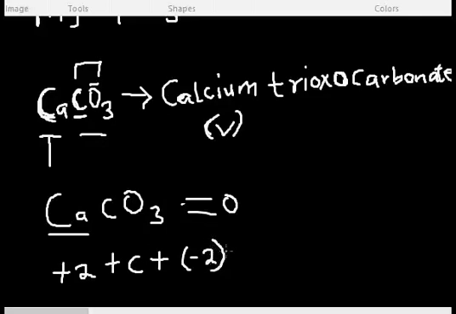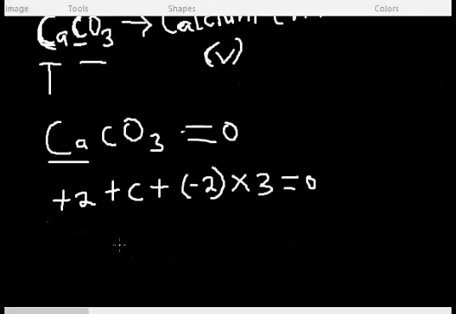Then of course I have 3 atoms of oxygen, so I multiply by 3, equal to 0. So this is going to be 2 plus C, plus -2 times 3. What does that give me? That gives me -6.